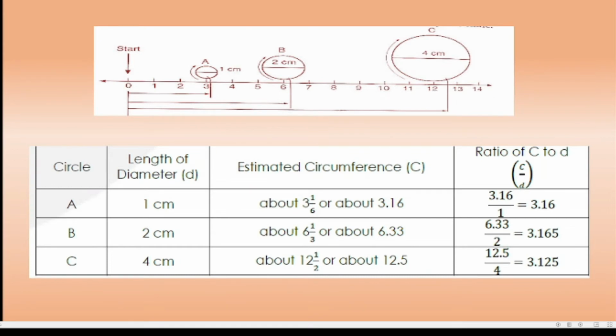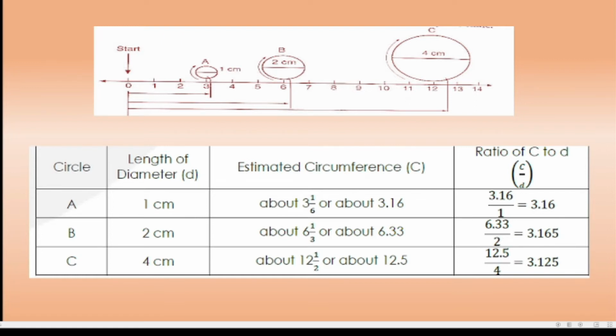So, circle A with the length of diameter of 1 cm, estimated circumference about 3 and 1/6 or about 3.16. The ratio of circumference to diameter is 3.16 over 1, which is 3.16.